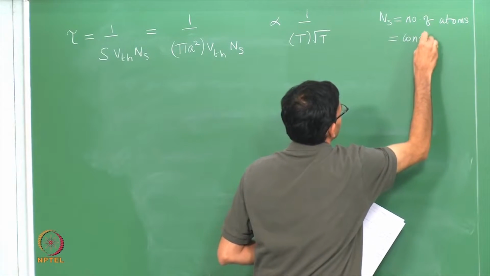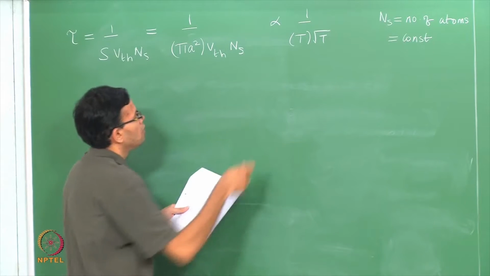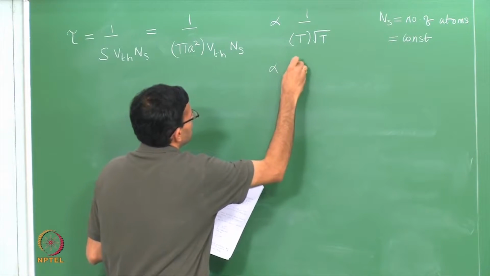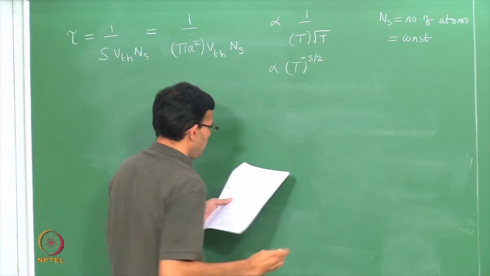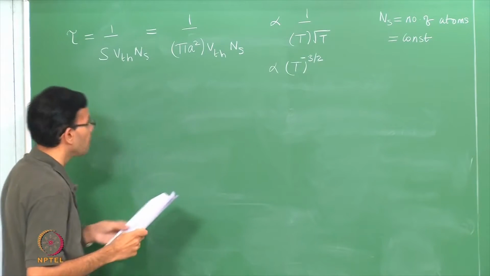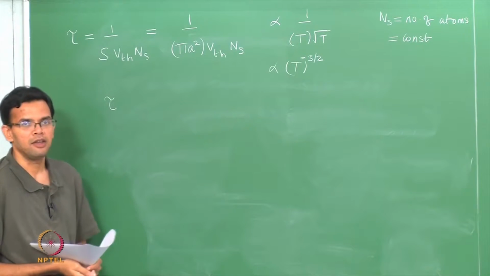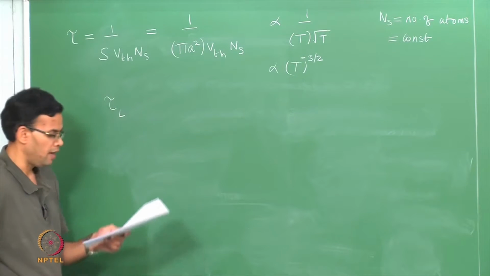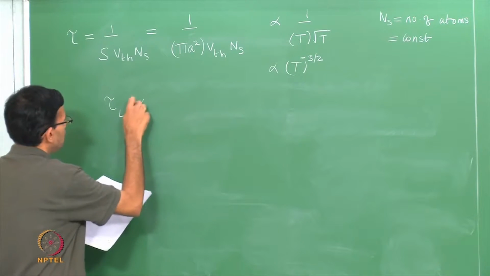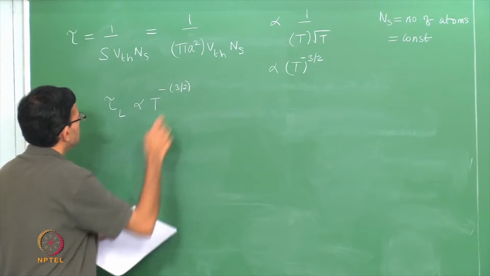It is not going to change with temperature. So, if you take these two into account, this is proportional to T to the power minus 3/2. So, tau due to the scattering of the lattice, I am just going to denote it as tau L, is proportional to T to the minus 3 over 2.